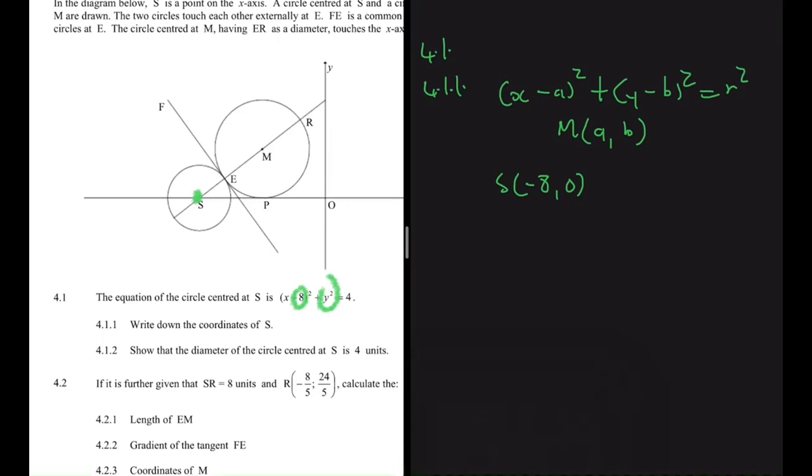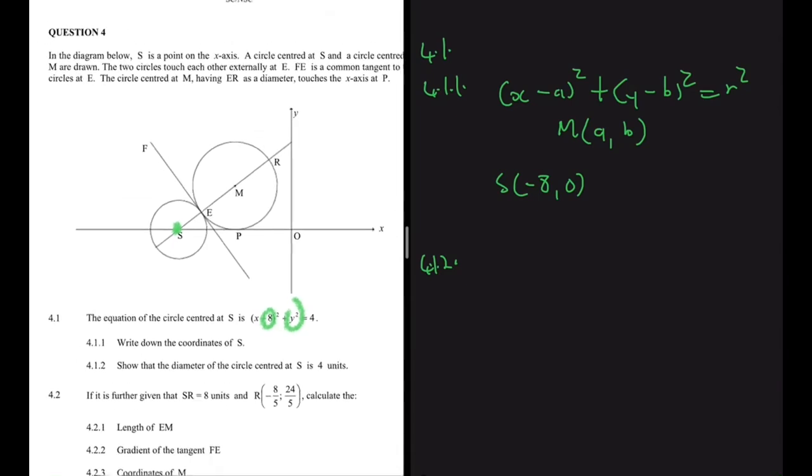And then let's do 4.1.2. 4.1.2 says, show that the diameter of the circle centered at S is 4 units. What is the diameter by definition? The diameter is equal to 2 multiplied by the radius, right? But what is the radius of our circle? We know that from the general formula, (x minus a) squared plus (y minus b) squared shall be equal to r squared, and we're given r squared.